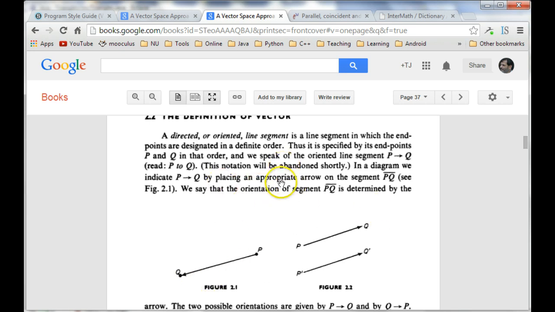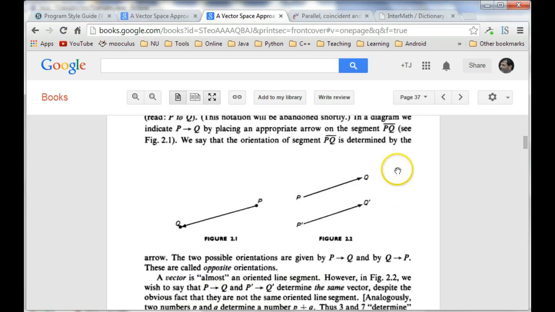So here in this diagram is showing the directedness. We could also imagine a vector going from Q to P, right?